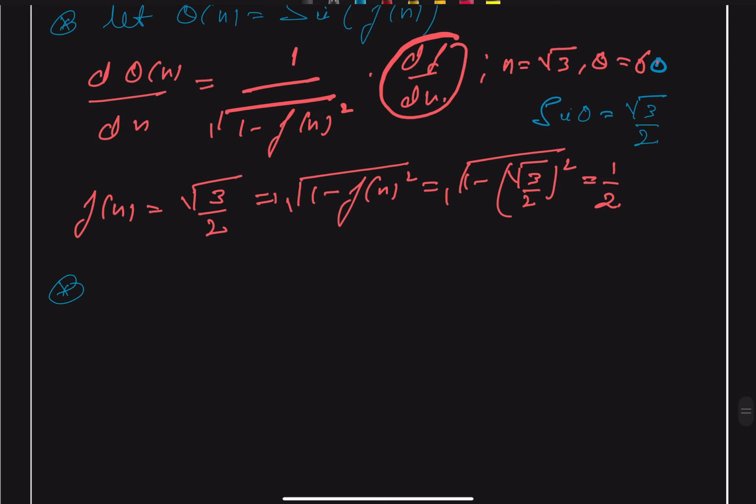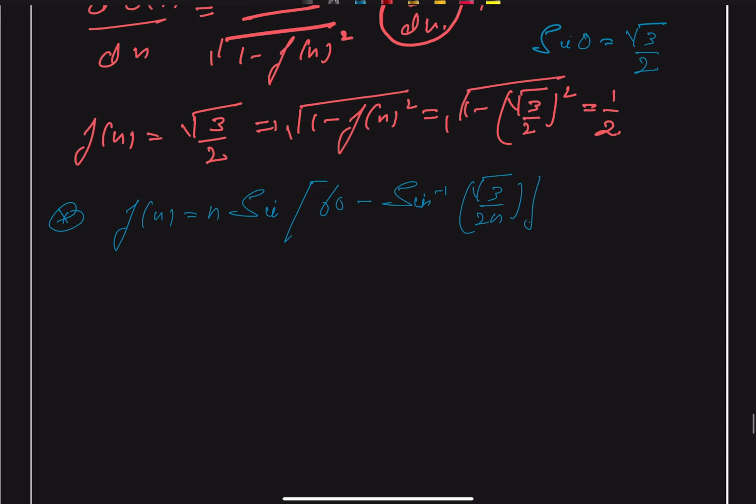So our f of n was n times sine of 60 minus sine inverse of square root of 3 divided by 2n. Let us assume x is equal to sine inverse of square root of 3 divided by 2n.